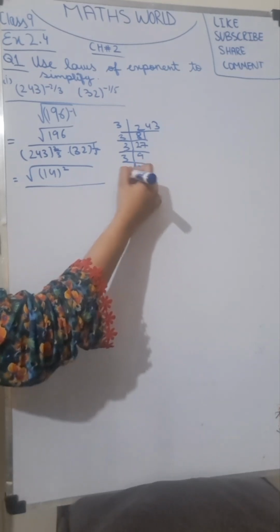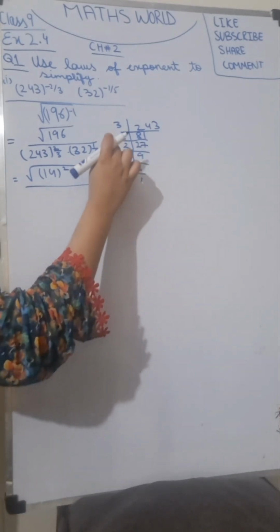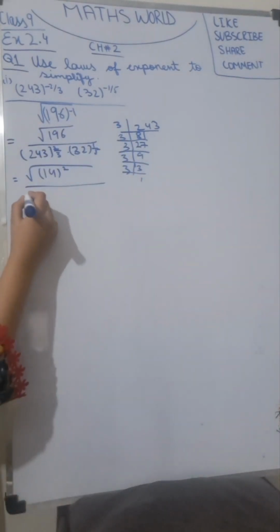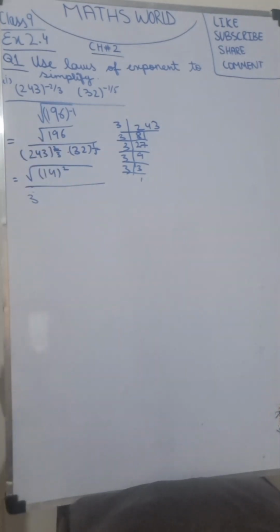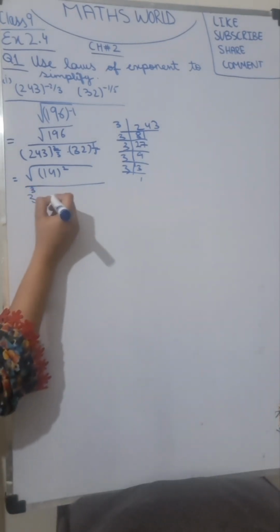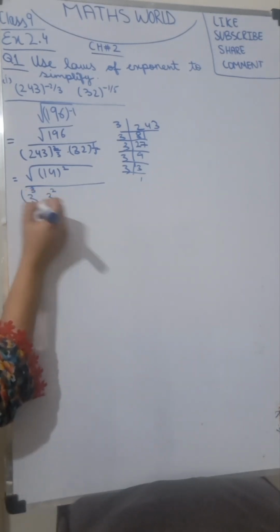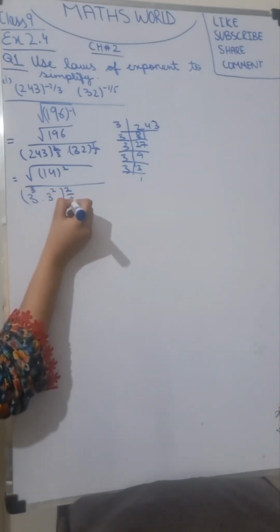So how many? 1, 2, 3, 4, 5. So you can write 3 power 5, and because you know the exponent is 2/3, you can change it into 3 power 2 and 3 power 3. So 3 power 3, 3 power 2, by 2 by 3.